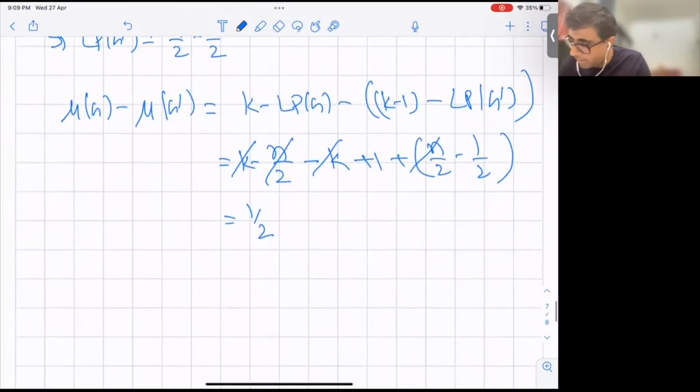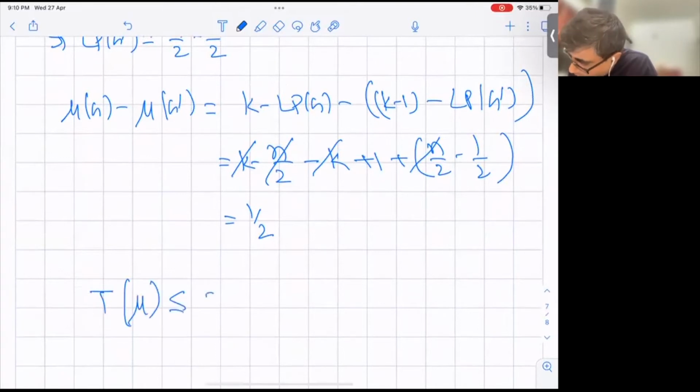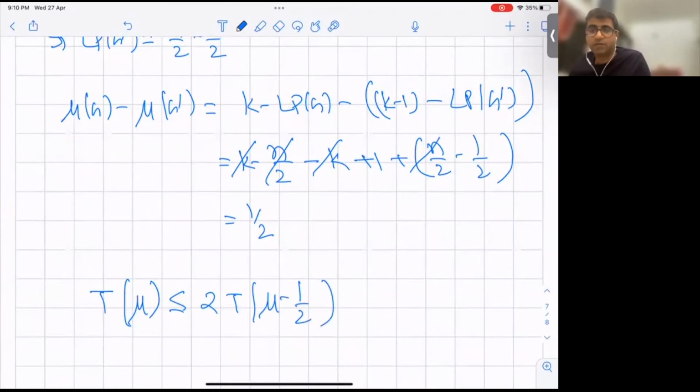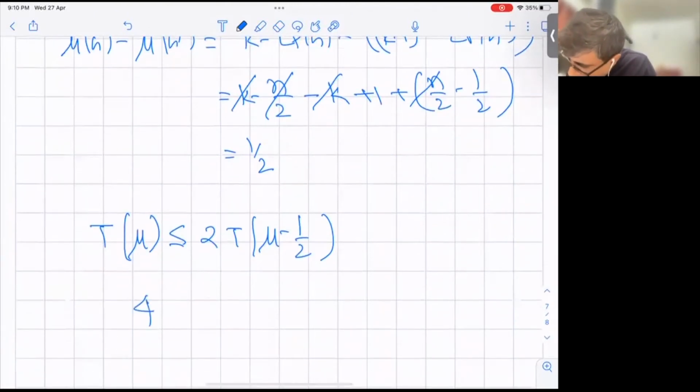So what is the running time of this algorithm? The running time is T of mu equals 2 times T of mu minus half, and this is 4 to the power mu.